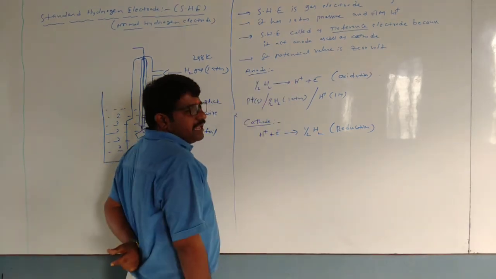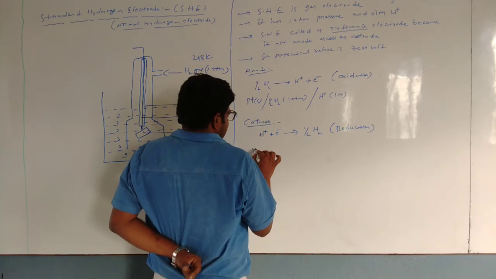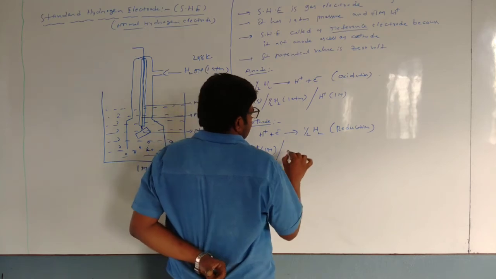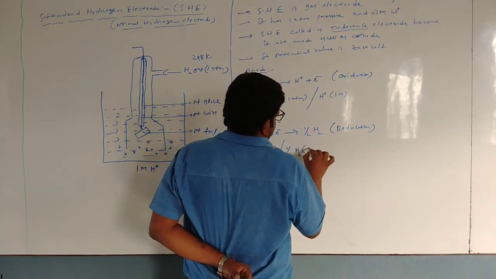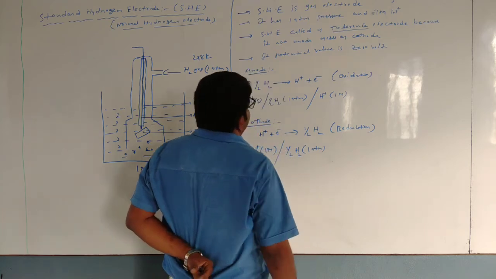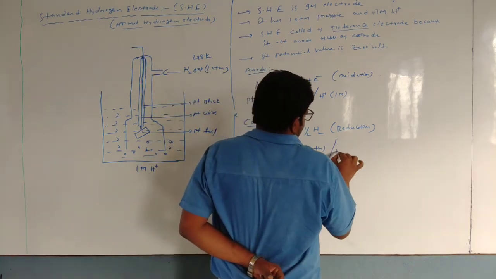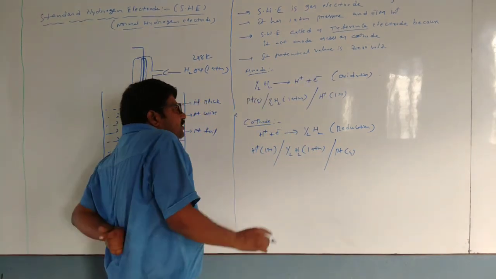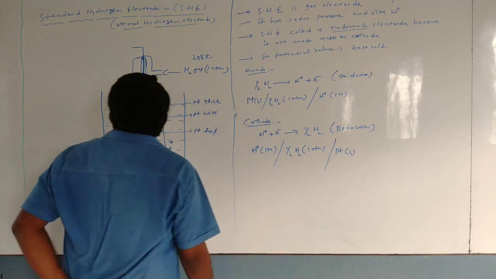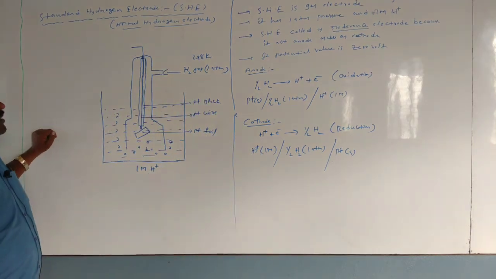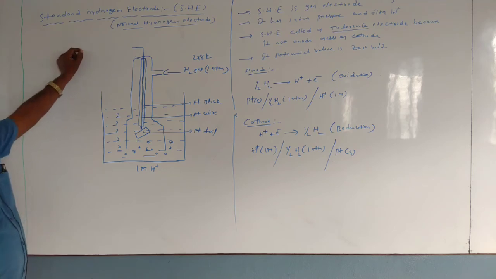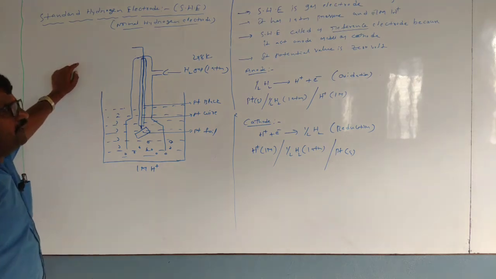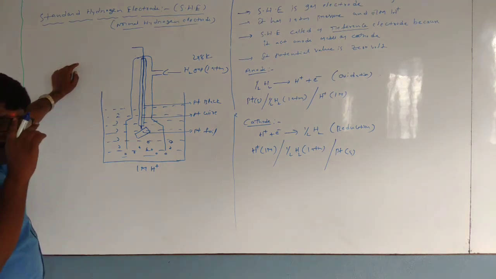For the cell reaction, H plus ion concentration is 1 molar and half H2 is at 1 atm. Here platinum is a solid, inert. So the standard hydrogen electrode acts as a reference electrode, and its potential value is 0, whether it acts as anode or cathode.